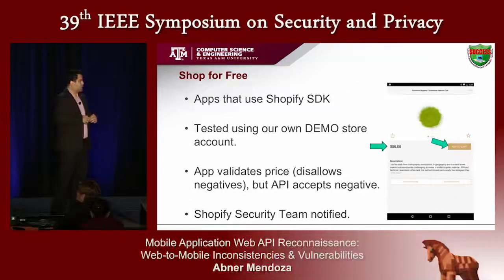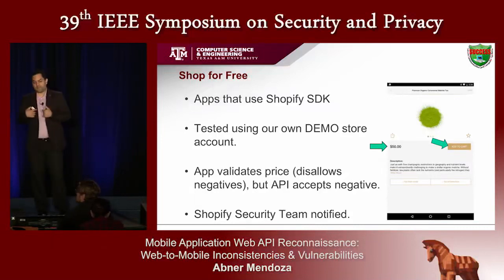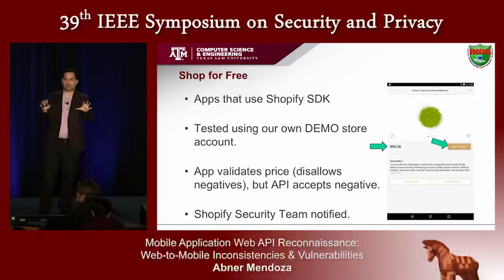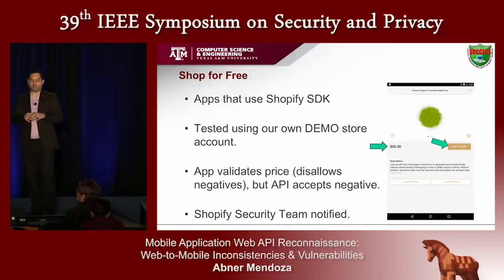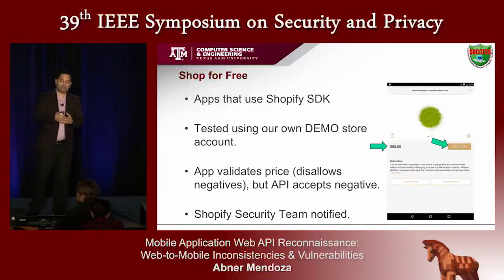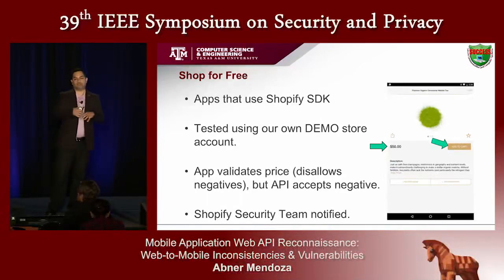And the last one I want to highlight here is the apps that use the Shopify SDK. We set up our own Shopify merchant store with some demo products in there, and then we used their SDK to build a test app, and found that in the add to cart functionality in the API, you have to send information on your product, including the price.